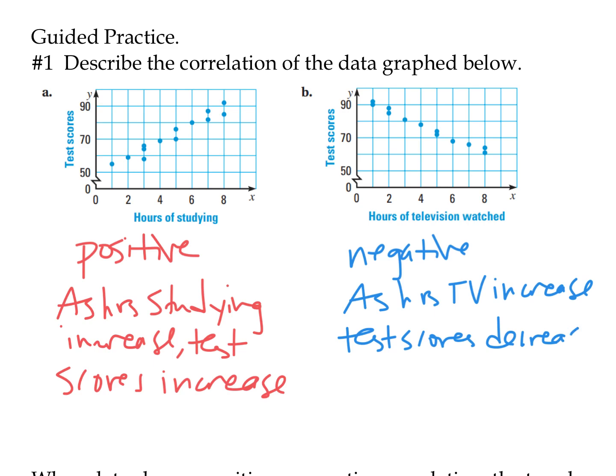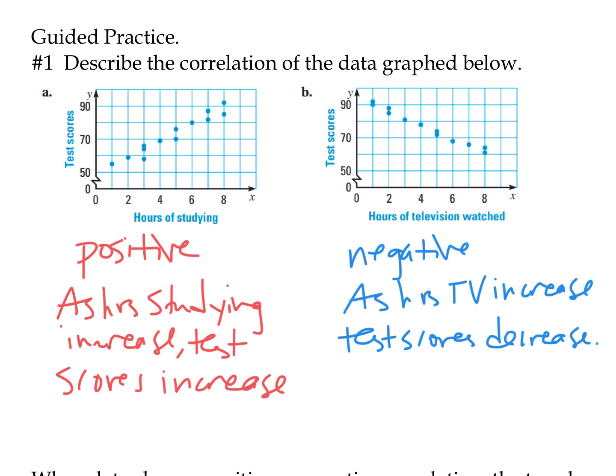The y value decreases. So as x increases, y decreases. That's a negative correlation. We always start with as whatever's on the x-axis increases. So as hours studying increase, what happens to the y value? As hours of television increase, what happens to the y value? As hours studying increase, test scores increase. As hours of TV increase, test scores decrease.